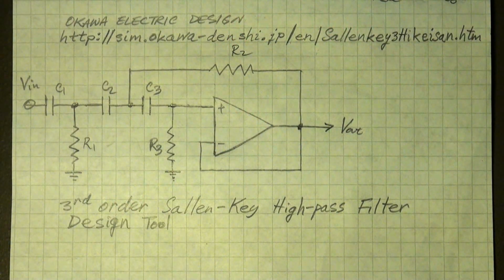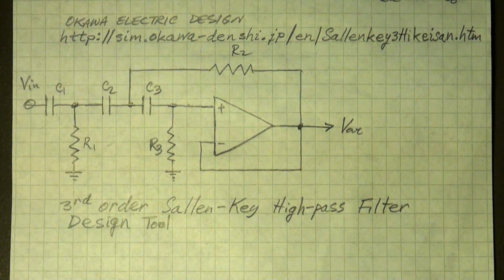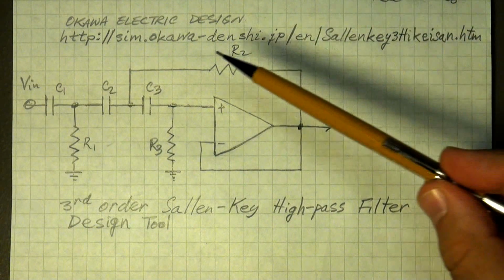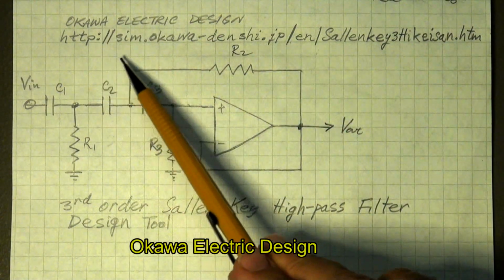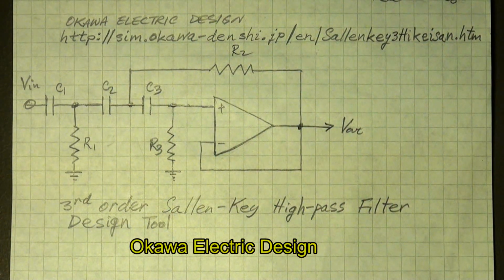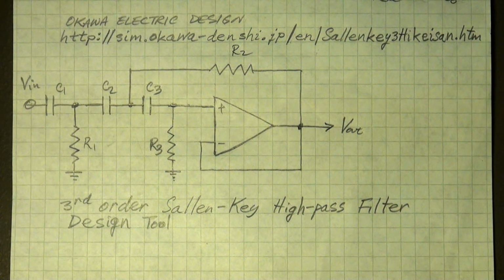Okay, in this video segment, we'll examine in detail the first signal processing block that was shown on the whiteboard diagram right after the microphone preamplifier, and that is the high pass filter. So you can go to a website by Okinawa Electric Design, here it is, and you will find an active filter, high pass or low pass design tool.